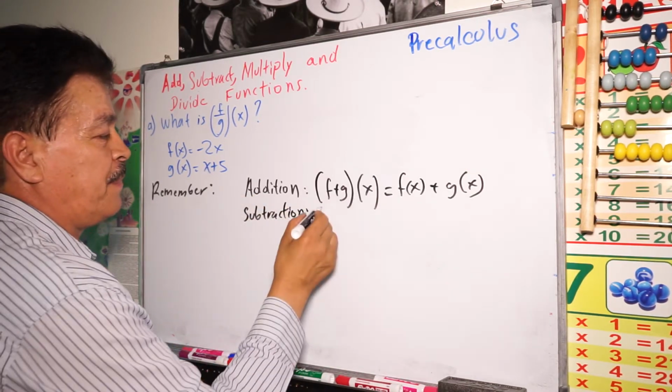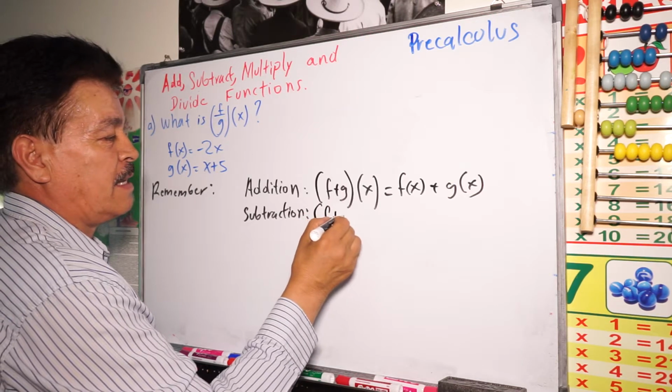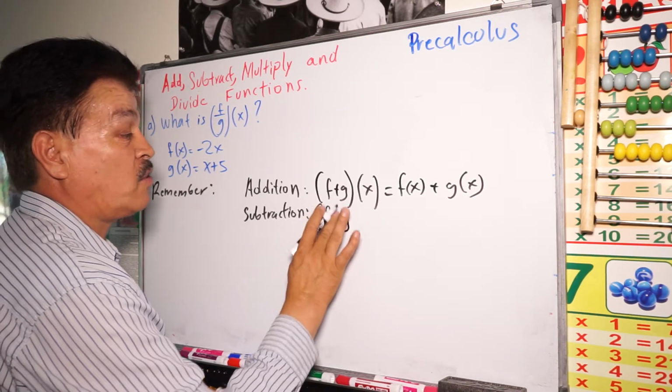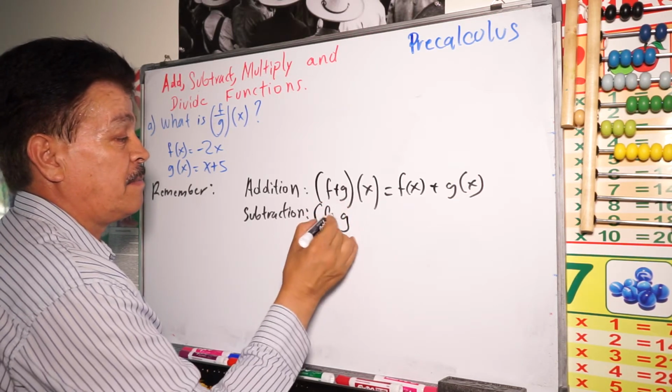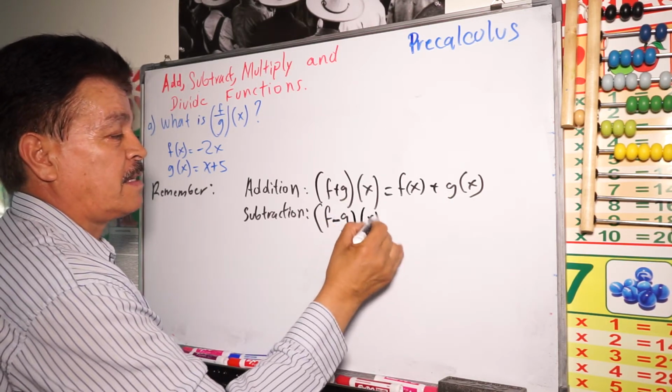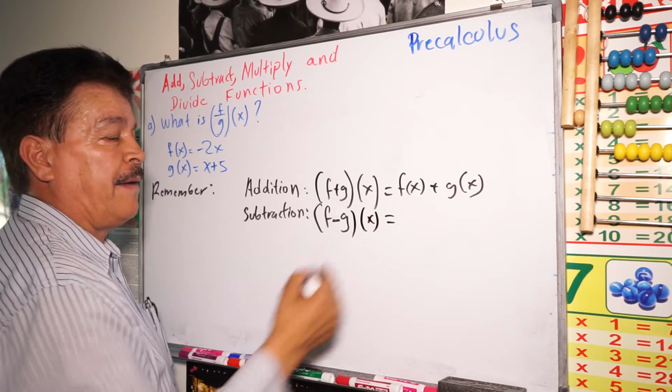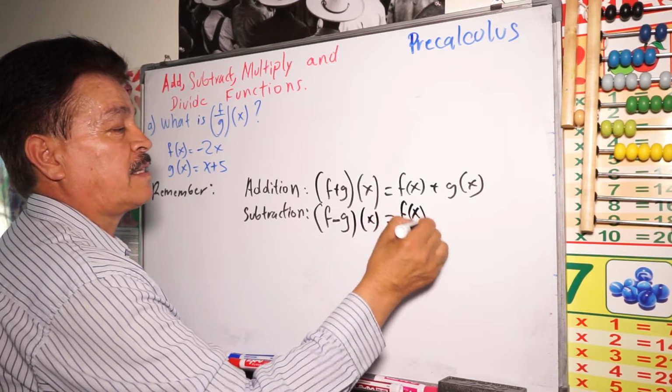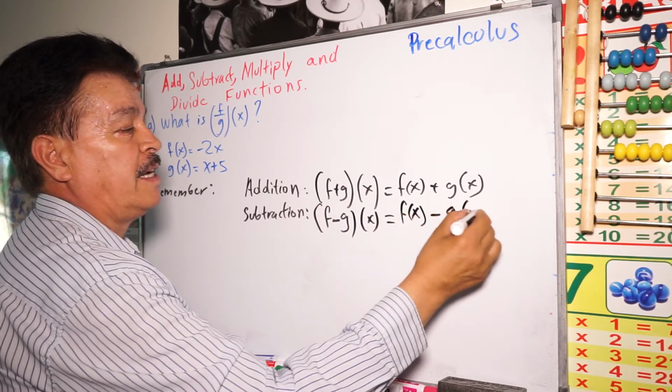Subtraction: (f minus g)(x) is equal to f(x) minus g(x).